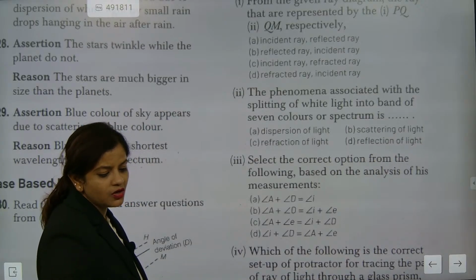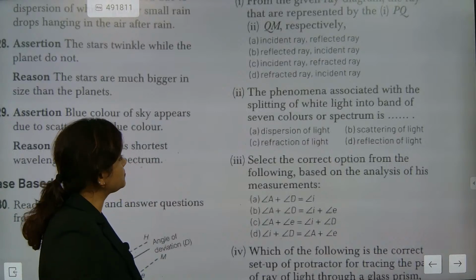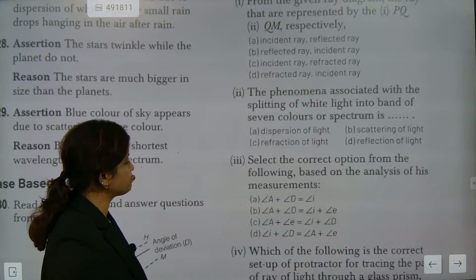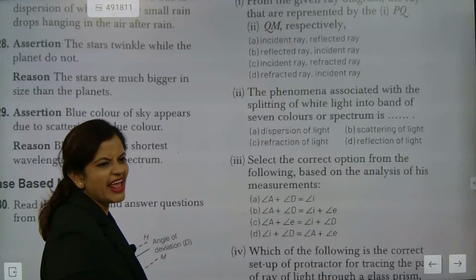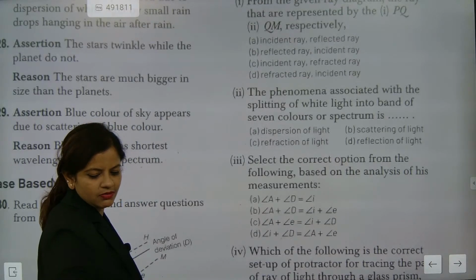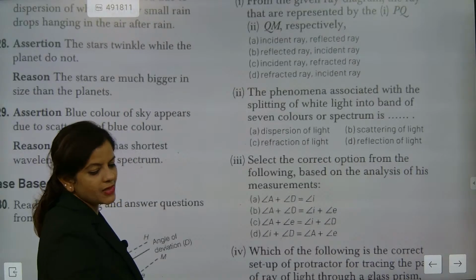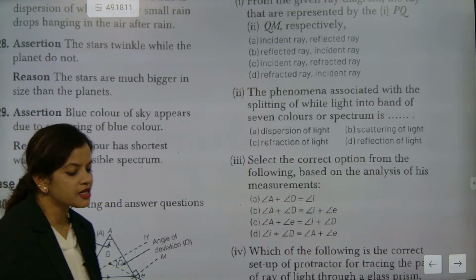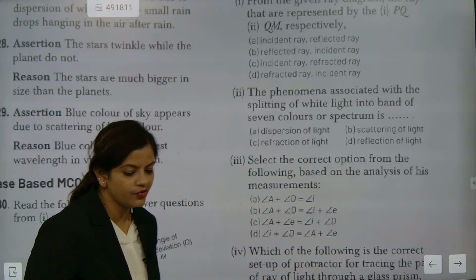I think all the students became very tired. Say correctly. Dispersion of light. A is the correct answer.